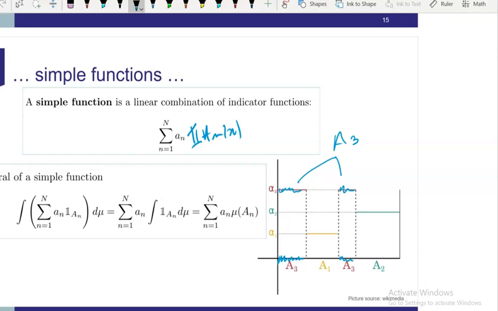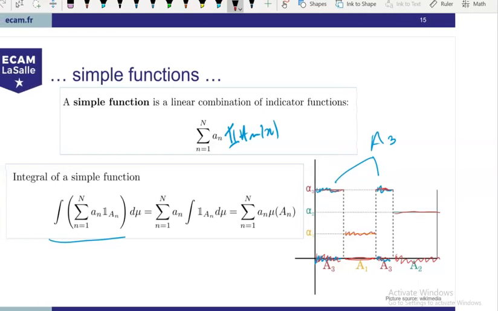So when I calculate this integral, I take the measure of A1 times the value a1. Then I take the measure of the A2 interval times the value here. And then I take the measure of the A3 set, which is made out of those two intervals, times that single value. So it looks very similar, but it allows for more possibilities.